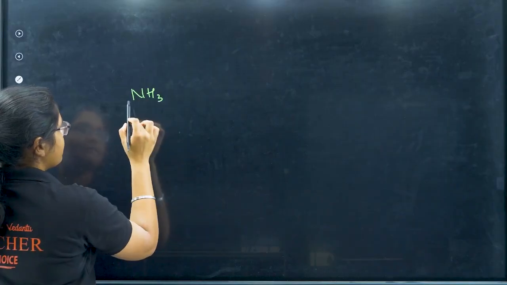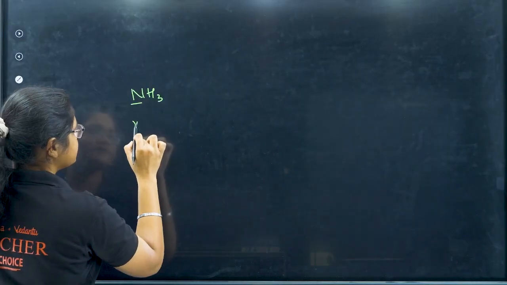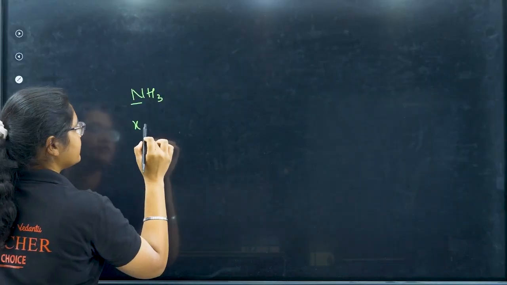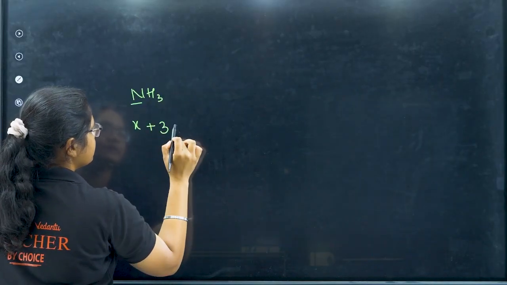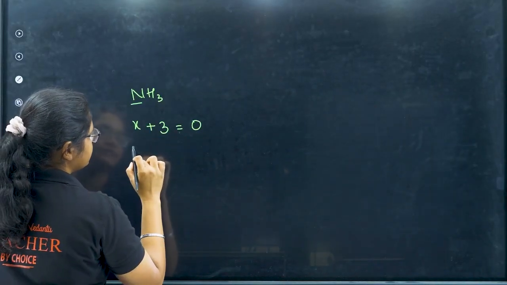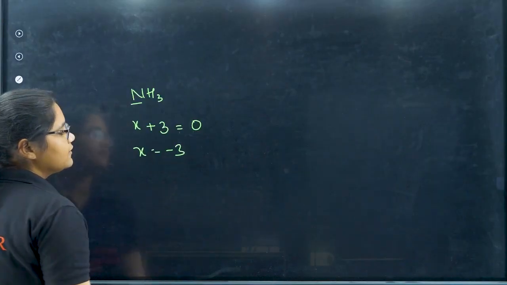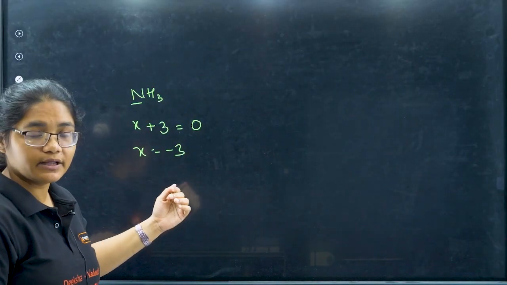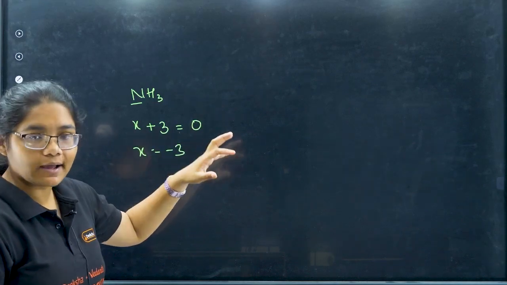Very simple. You have to calculate for nitrogen. Nitrogen is X, hydrogen charge is +1, right? For 1 hydrogen it is 1, for 3 hydrogen it will be 3, and since the net charge is 0, that is equal to 0. So X will be equal to -3. Okay, so that is how you can calculate the oxidation number of various elements in a compound.